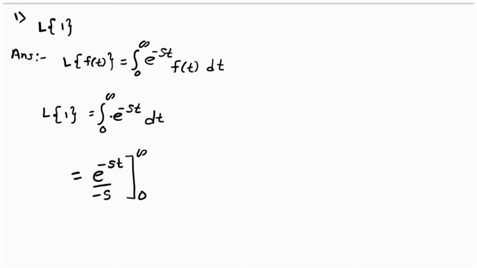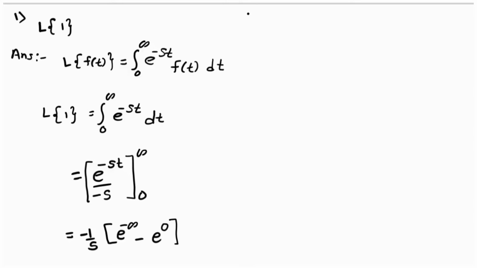When we integrate with respect to t, the coefficient of t we have to take in the denominator. So the coefficient of t here is minus s. Next step, minus 1 upon s is constant, take it outside. Put upper limit minus lower limit in t, because when we integrate with respect to t, we have to put both upper and lower limits in the variable t. If we put upper limit infinity, it becomes e raised to the power minus infinity minus the lower limit, that is e raised to the power 0.